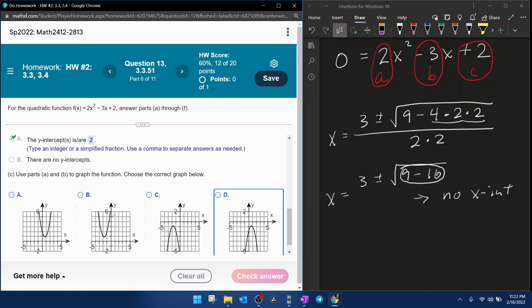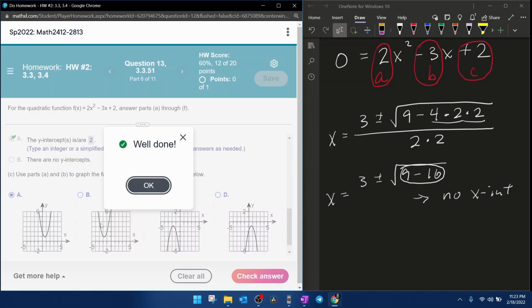Answer choice B and C do not. So B and C are out because of the y-intercept. Answer choice D has a y-intercept of negative 2, and that's also out. So by the process of elimination, based on the y-intercept alone, we know the answer choice is A.